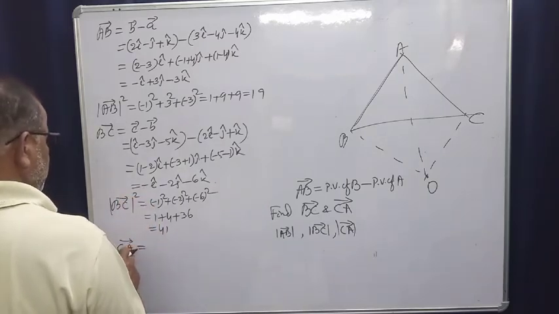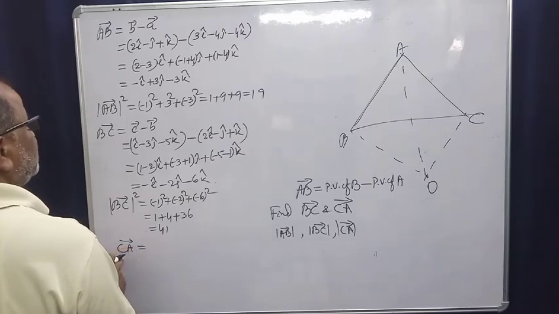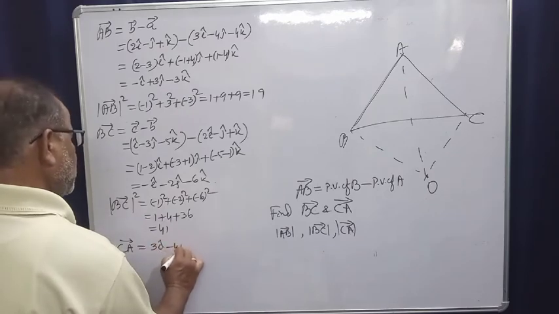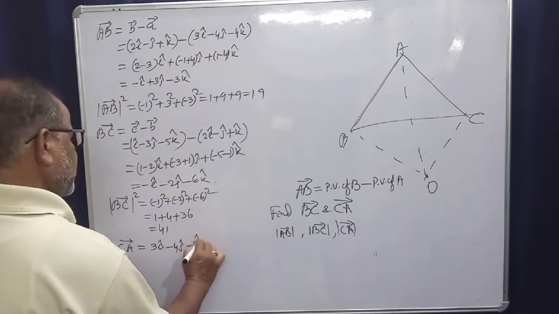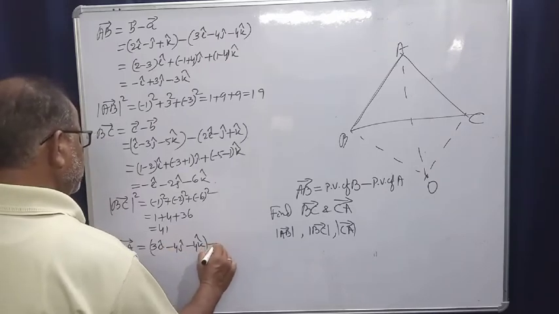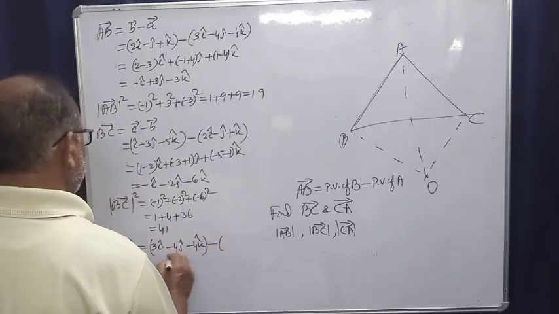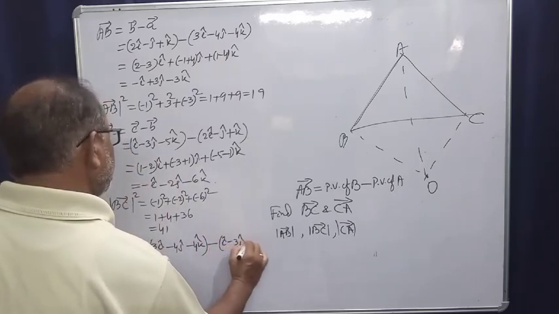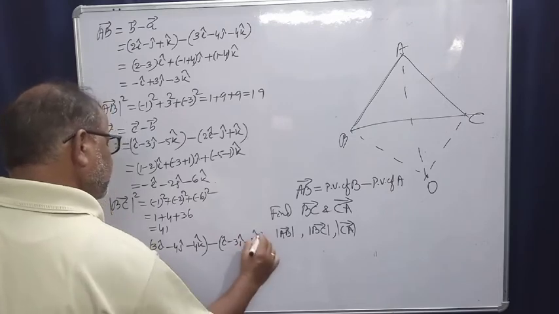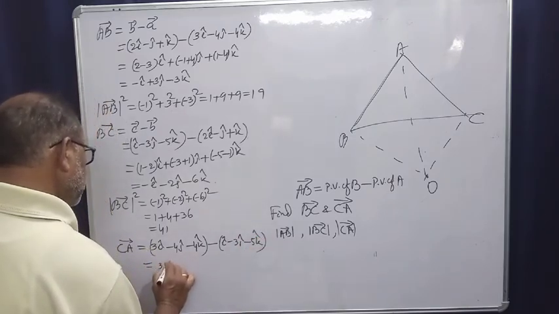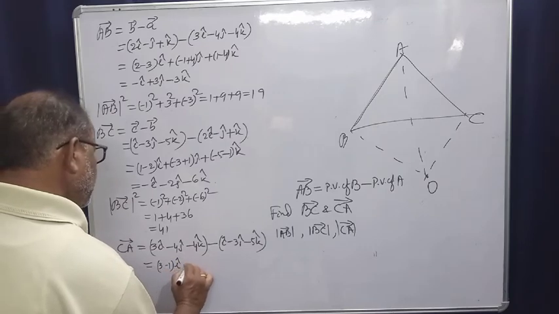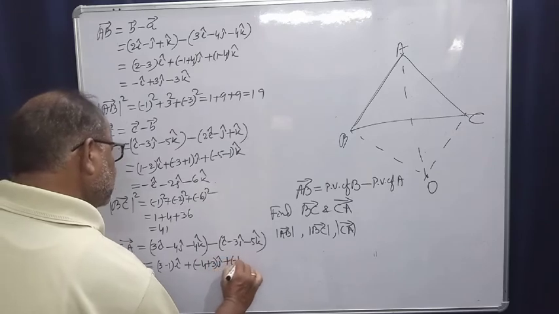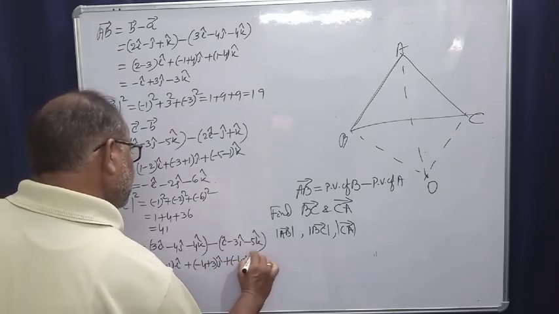Then find out CA. Position vector of A minus position vector of C. Position vector of A is 3i cap minus 4j cap minus 4k cap minus C. What is C? C is i cap minus 3j cap minus 5k cap. This is equal to (3 minus 1) i cap plus (minus 4 plus 3) j cap plus (minus 4 plus 5) k cap.